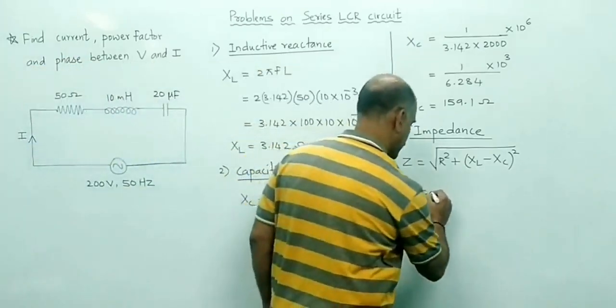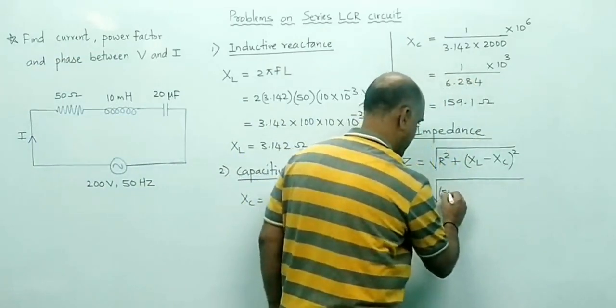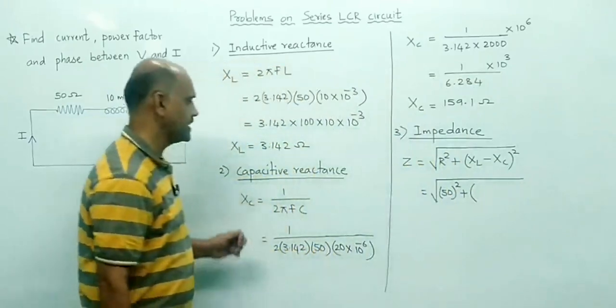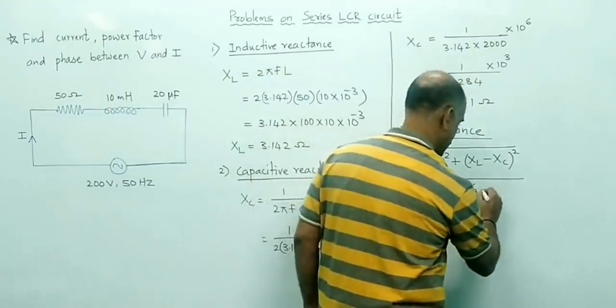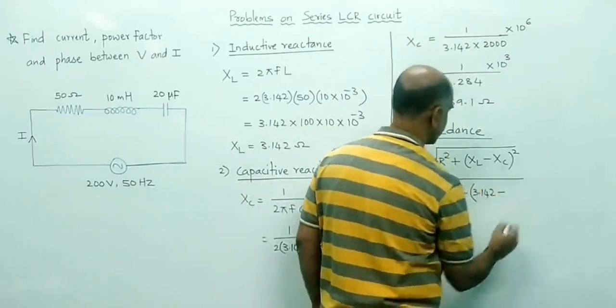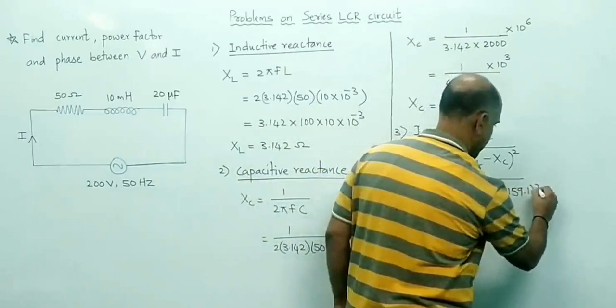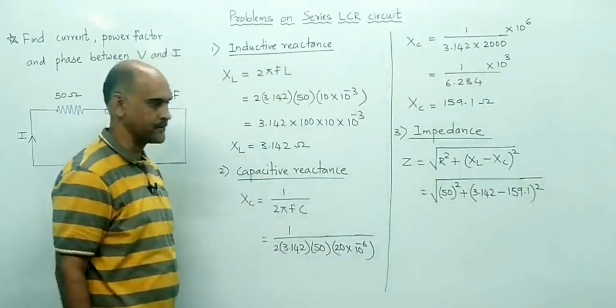So this is equal to root of 50 square plus bracket 3.142 minus 159.1 bracket square.